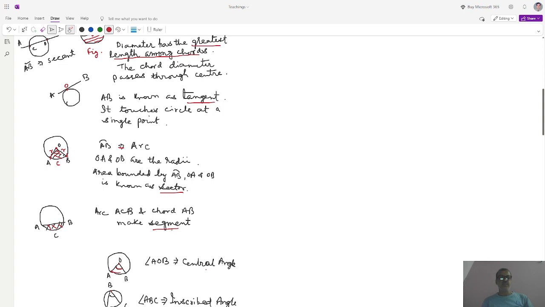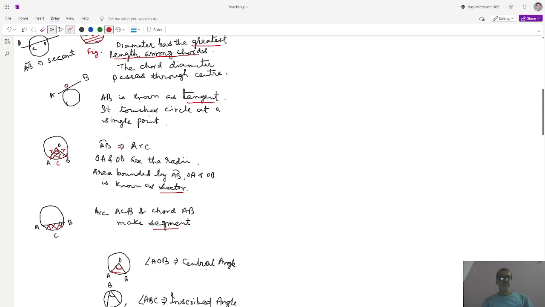You may remember it like this. Sector, the last letter is R. Sector is made by two radii and an arc.